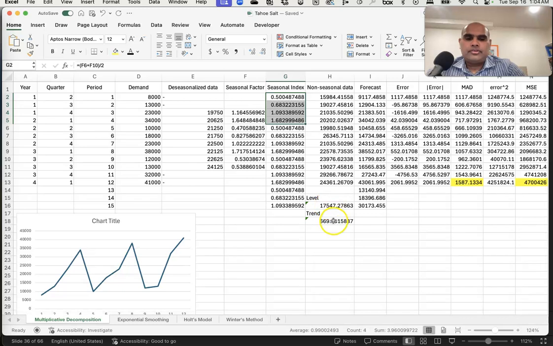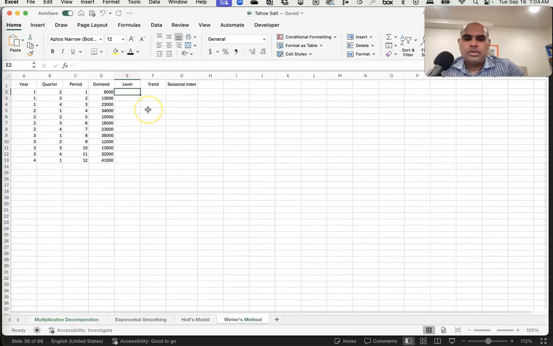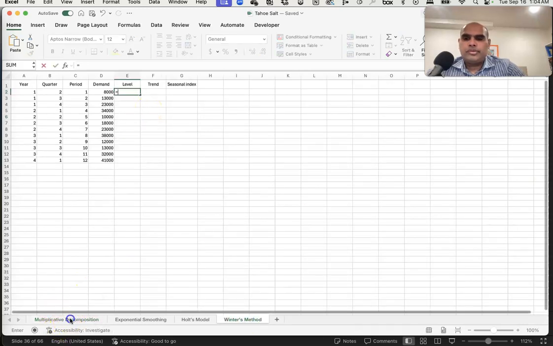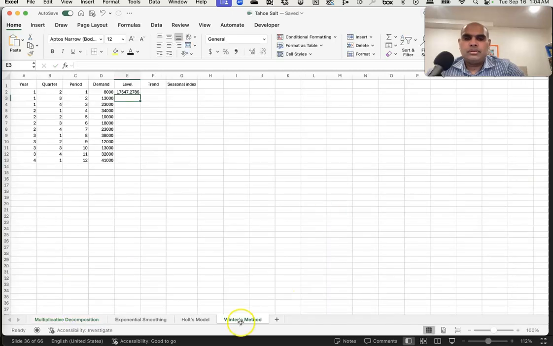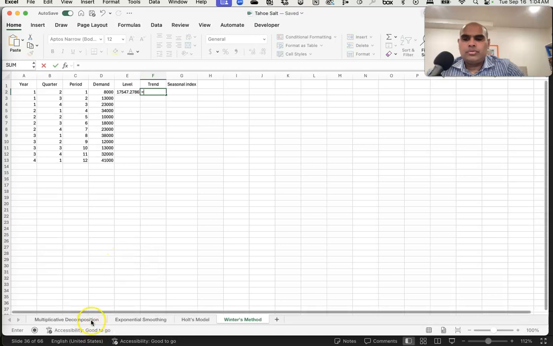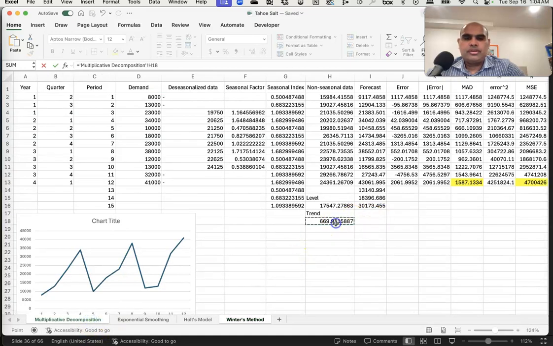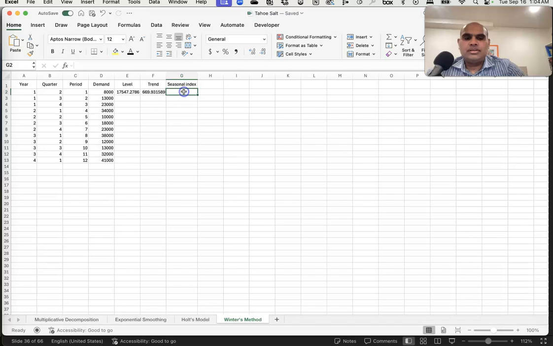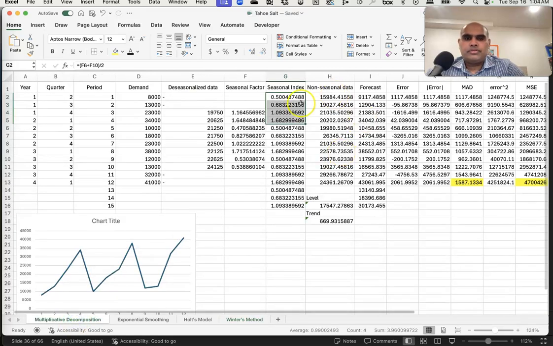So level and trend are here. Let's use that for the Winters method. So level will be equal to this level. Trend will be equal to this trend. And seasonal index, I'm just going to copy it. Right. So I got the seasonal index.